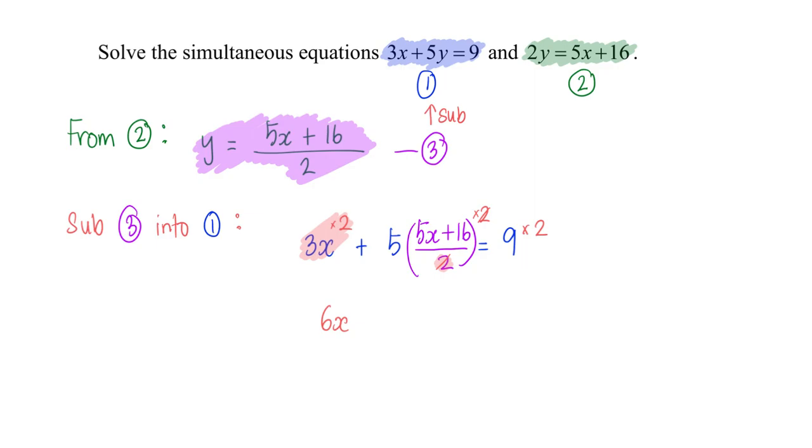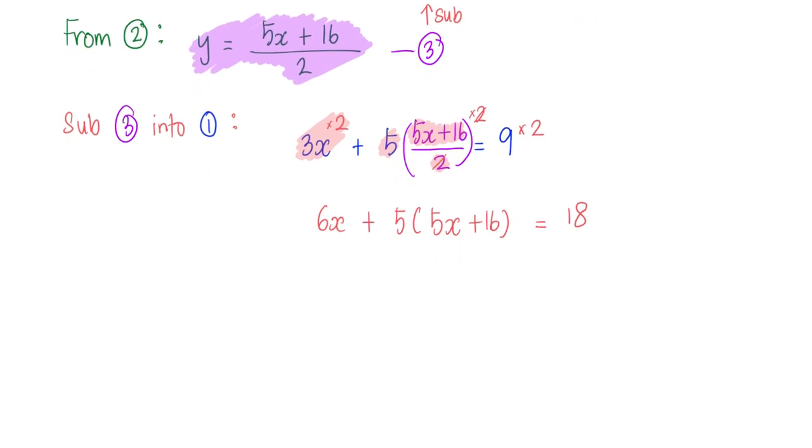Do take note there is still 5 times 5x plus 16. And I will have 5 times my 5x plus 16 equals 9 times 2, 18. Now we just need to solve this particular equation, right?